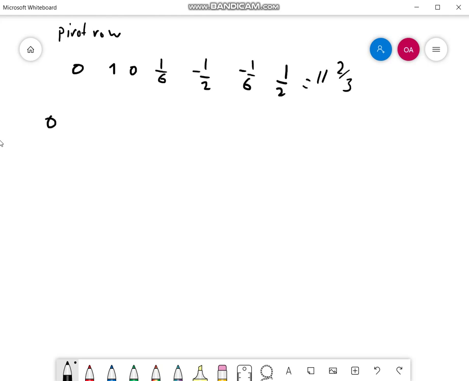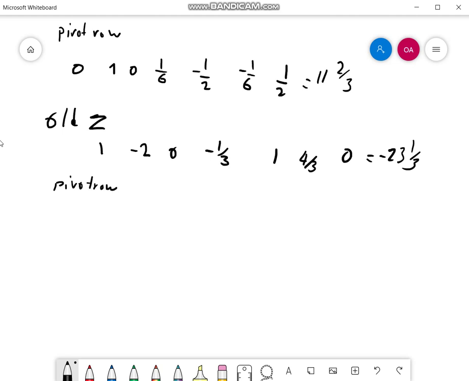Then we put old z, so this is our old z here. So 1, minus 2, 0, minus 1 over 3, 1, 4 over 3, 0, which is equal to minus 23 and a third.